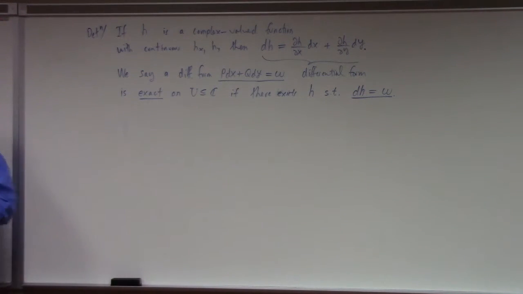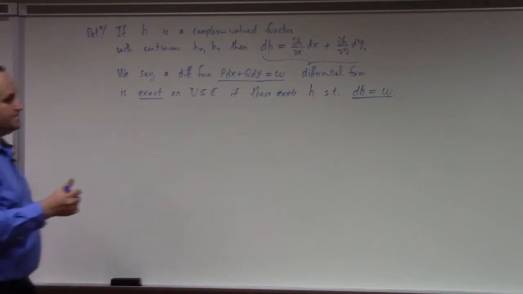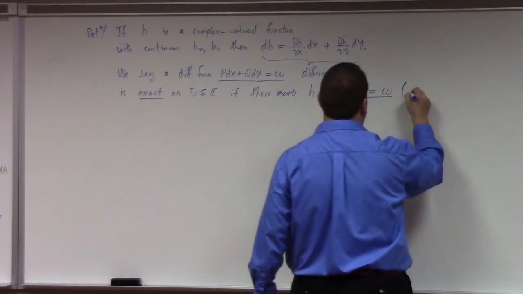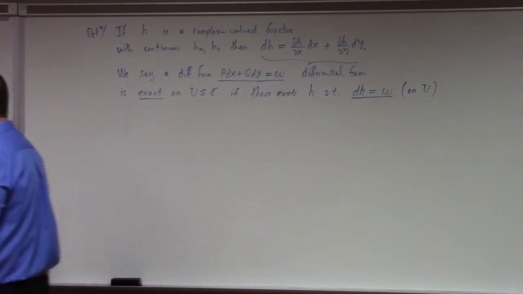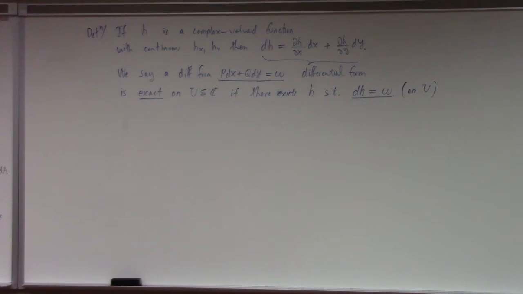So it's an exact form if the form can be attained by just the total differential of a function. And that has to happen at each point in U. If it fails at even one point in U, that's enough to say it's not exact. One point makes a difference, actually, here.